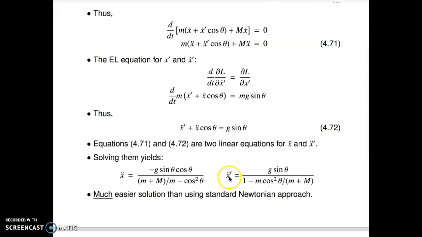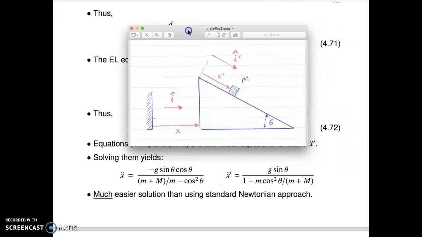Likewise, the acceleration coordinate for x primed, it might help to refer to the original picture here, is also constant. Well, it's constant with respect to the acceleration of this coordinate relative to a fixed point on this triangle. Okay, that is constant. All of this is constant.